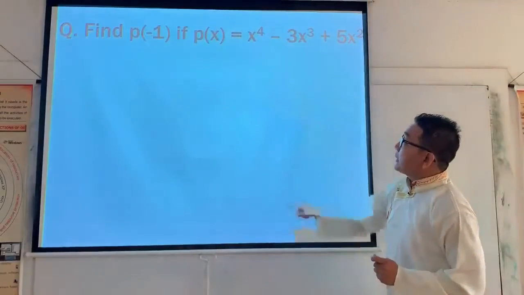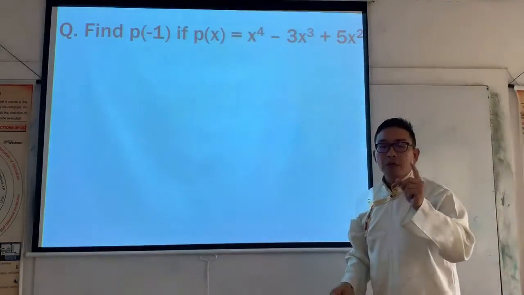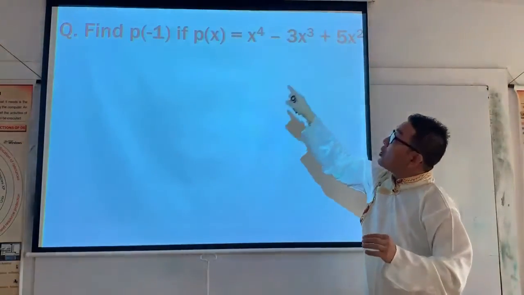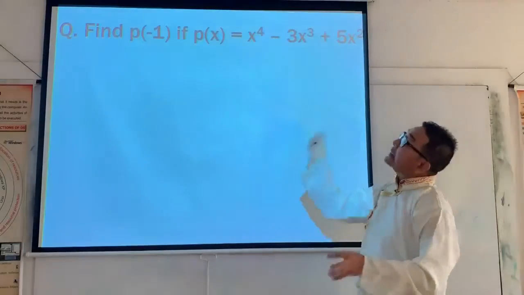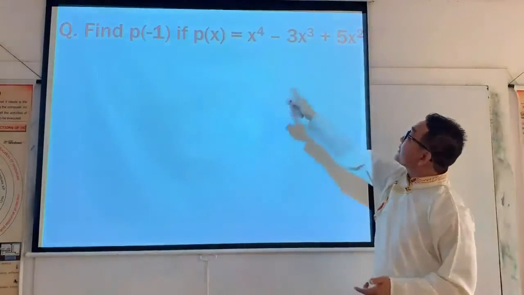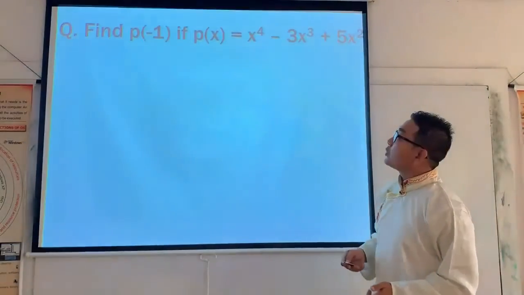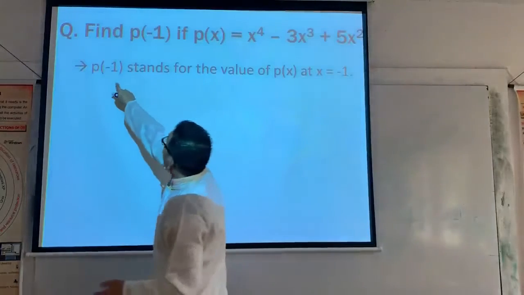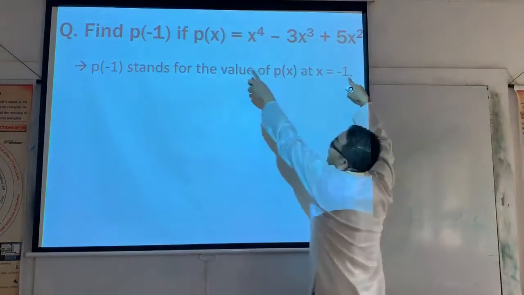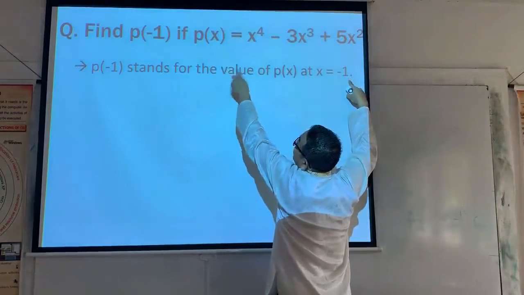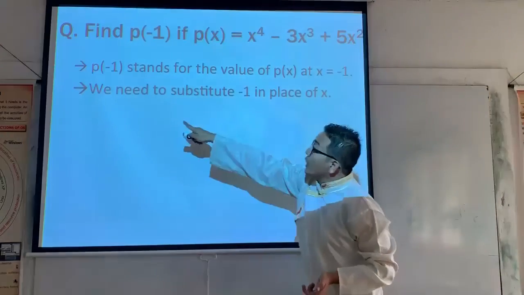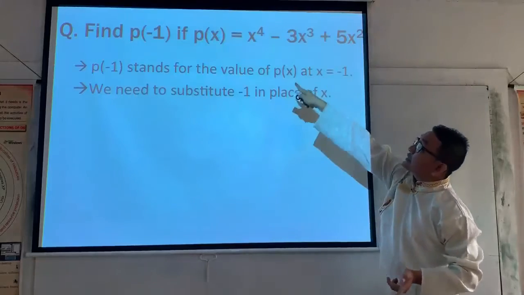Here p of negative 1 stands for the value of p of x at x is equal to negative 1. So we need to substitute negative 1 in place of x in the polynomial.